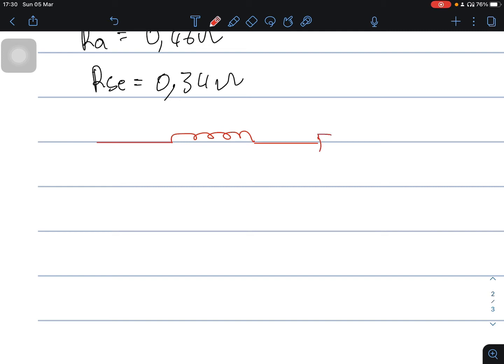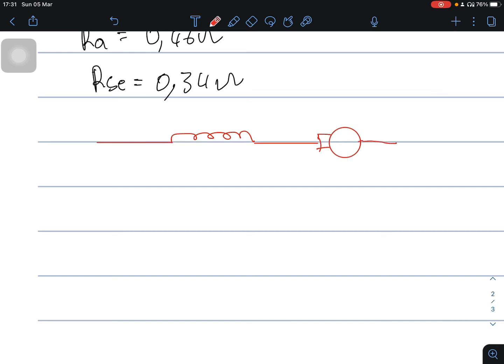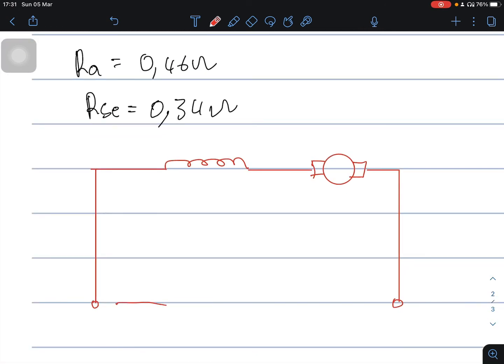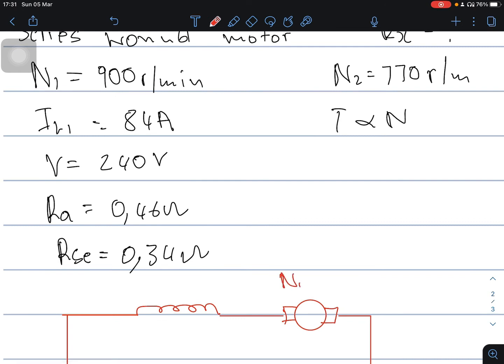This is the first condition: 240 volts, and N1 is 900 revs per minute.